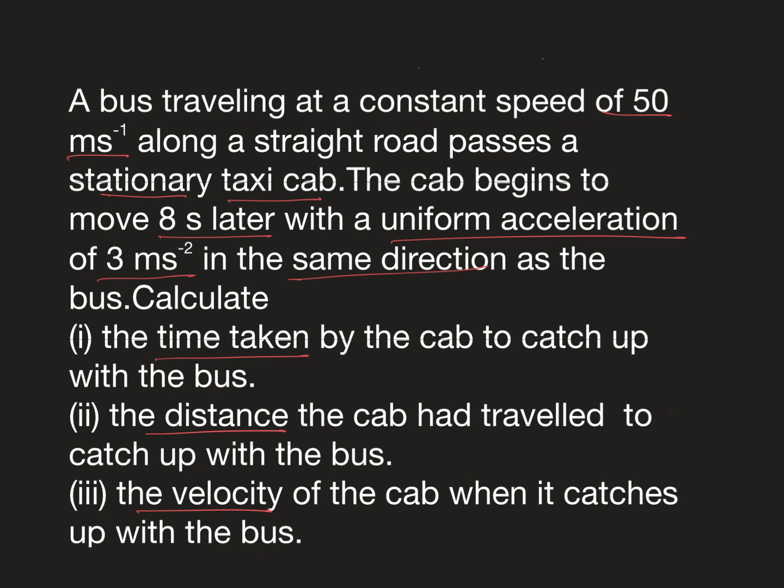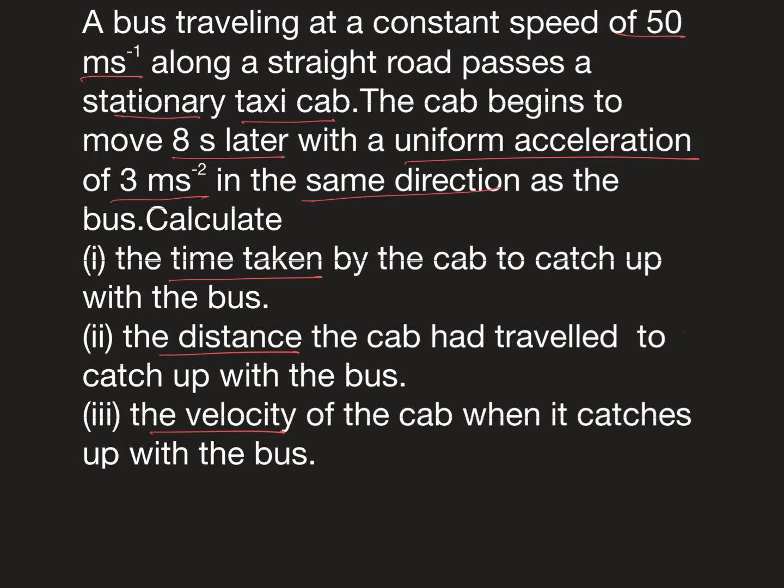So what we understand from this problem is we have a bus that is moving at a constant speed and it passes a stationary taxi cab. After passing the taxi cab, 8 seconds later, the taxi cab begins to move in the same direction as that of the bus.